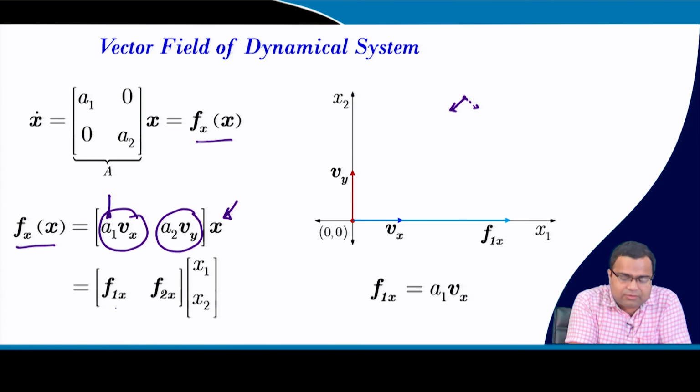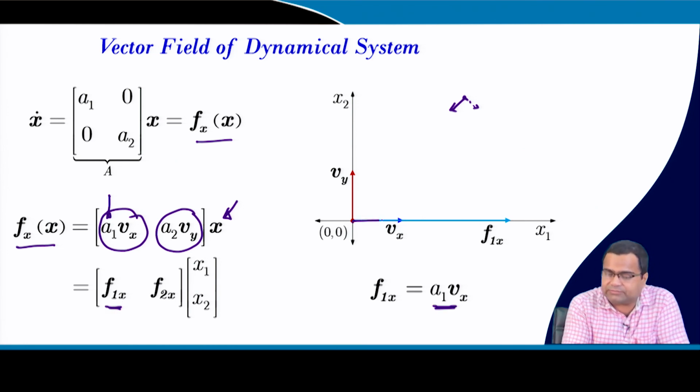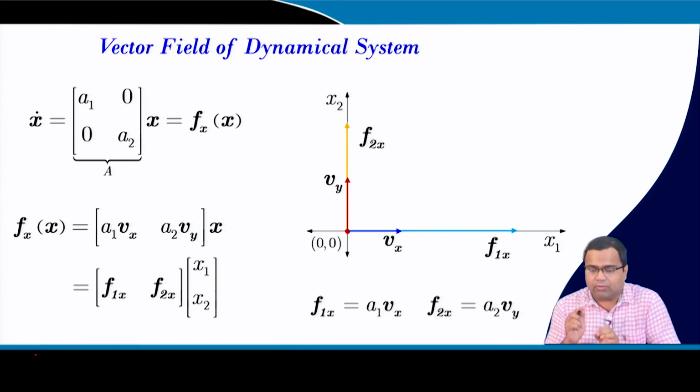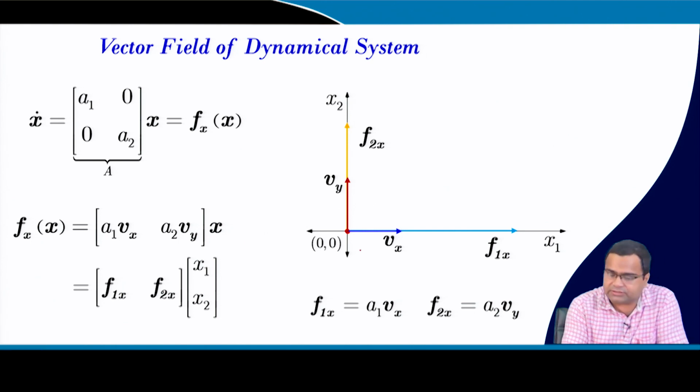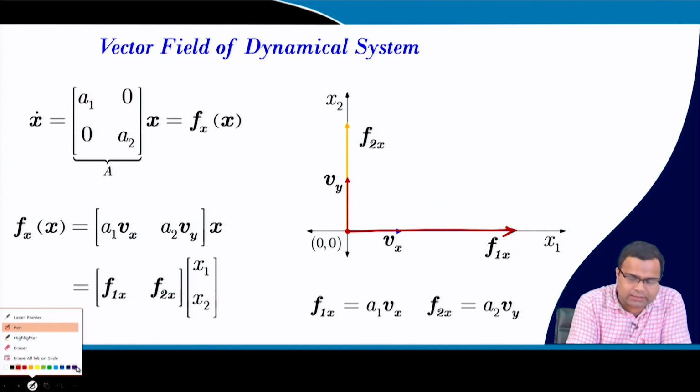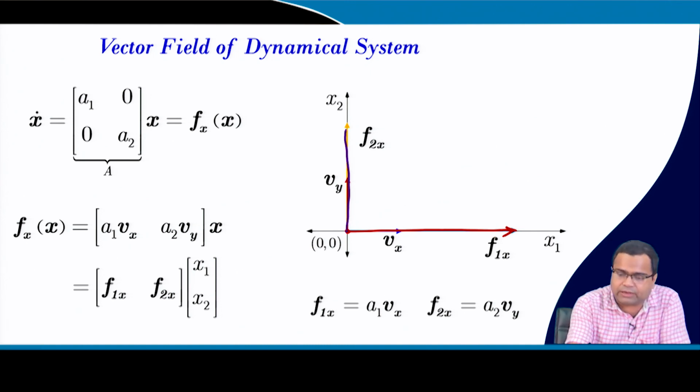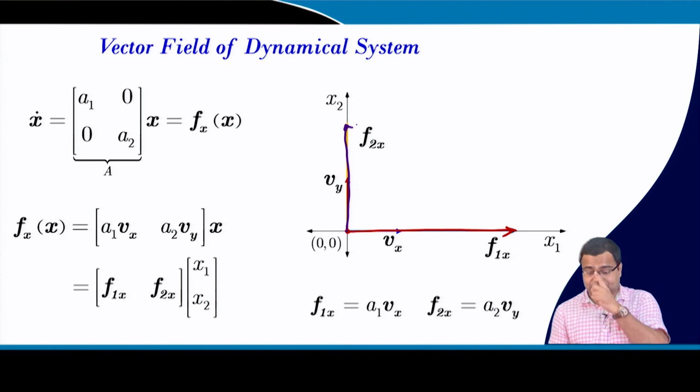So let us first draw f1(x), which is nothing but A1 Vx. So this is my Vx and A1 Vx is this one. Now we are going for f1(x) and f2(x). This is my f1(x) that we have already discussed, and the other one is f2(x), which is A2 times Vy.